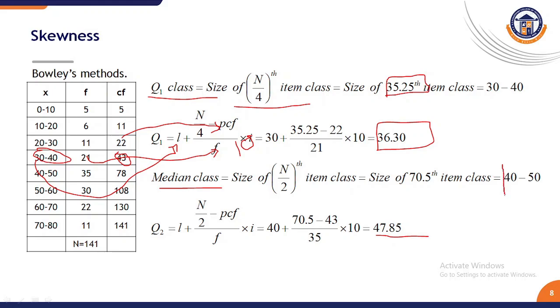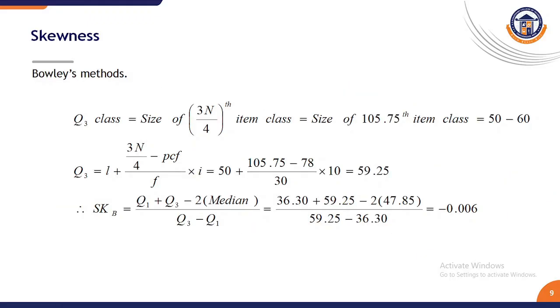Median class interval is 40 to 50. So its corresponding f value is 35. Then its preceding cumulative value is 43. Its lowest value is 40. So its Q2 equal to 47.85.